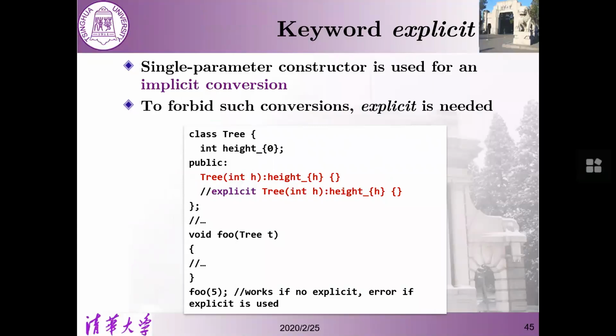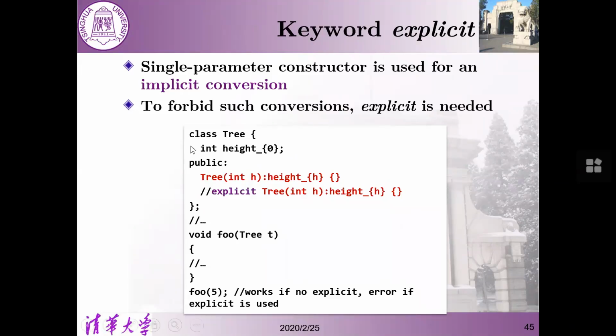Another one is explicit. Explicit is for a single parameter constructor. For a single parameter constructor like this, where you have a single parameter here, it can be used for conversion.